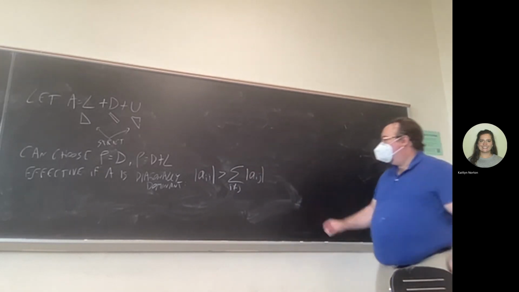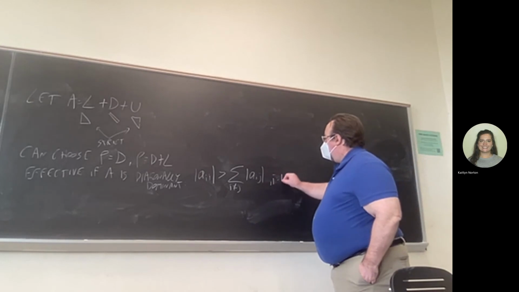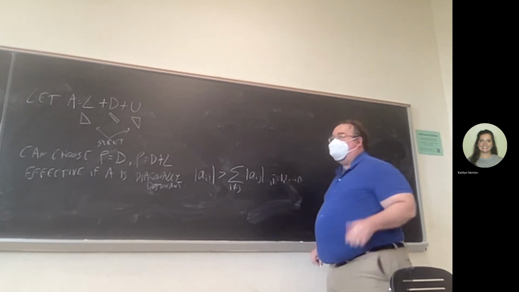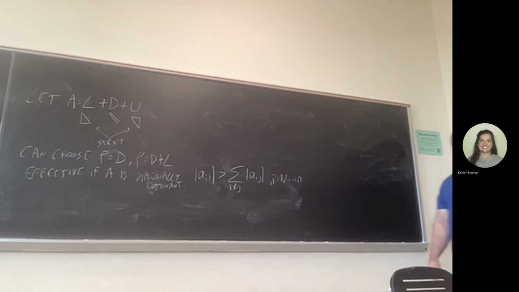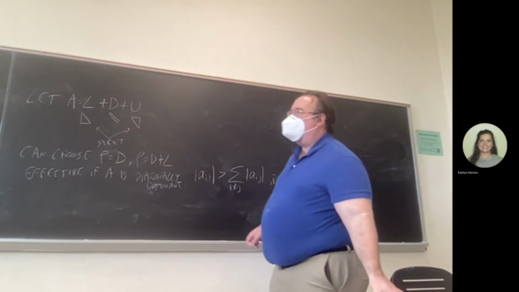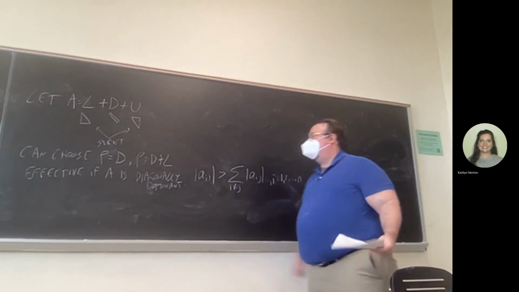If this is true for all rows, then we say that A is diagonally dominant, or the proper term is strictly row diagonally dominant. Well, that seems to be the only kind of diagonal dominance that anyone ever talks about. So if you just say diagonally dominant, people will assume you mean this.